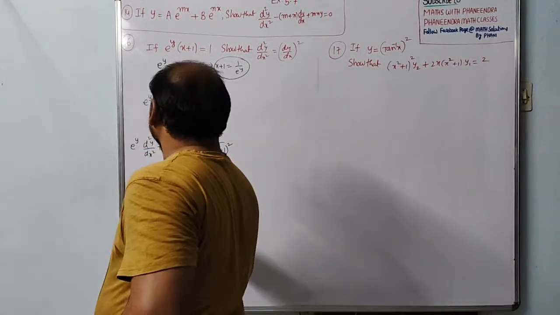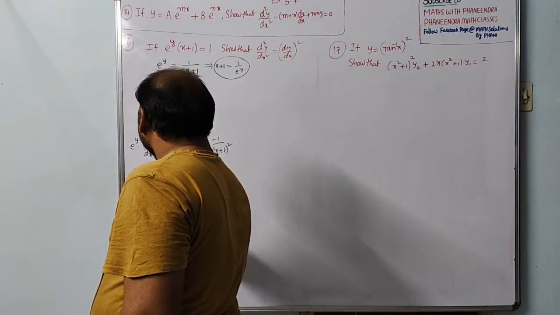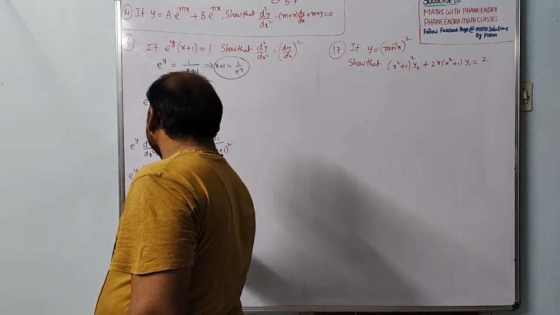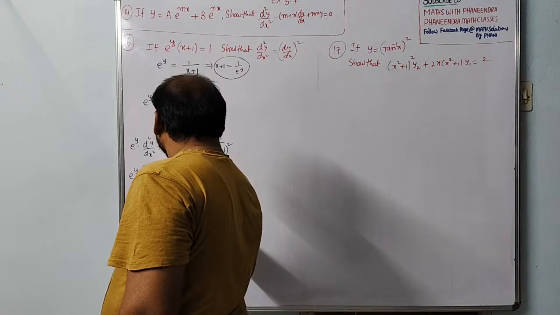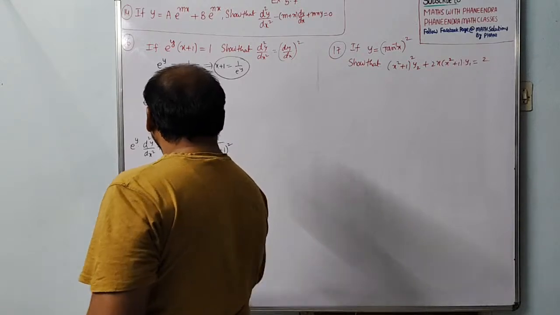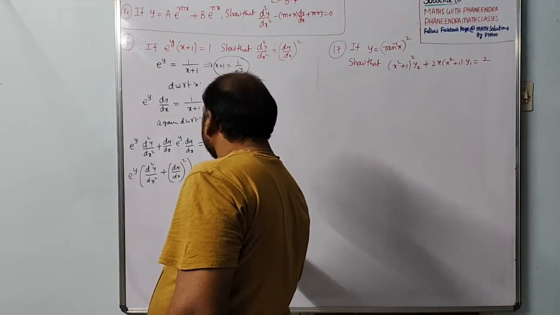In this, e power y into d square y by dx square plus dy by dx whole square is equal to minus 1 by x plus 1 whole square.